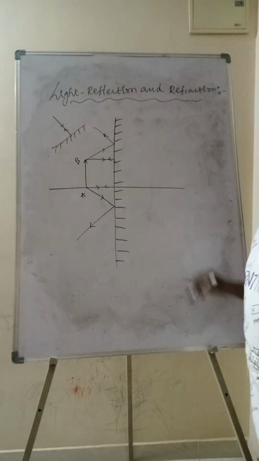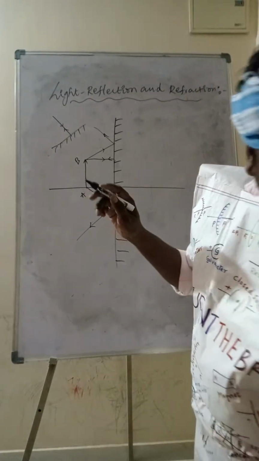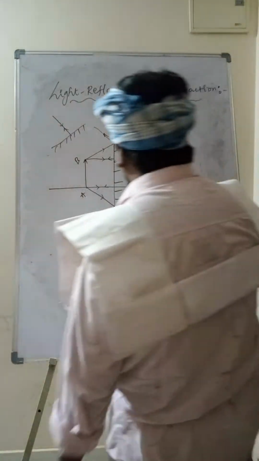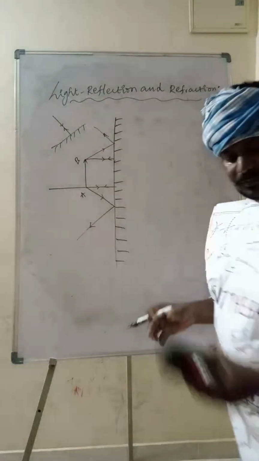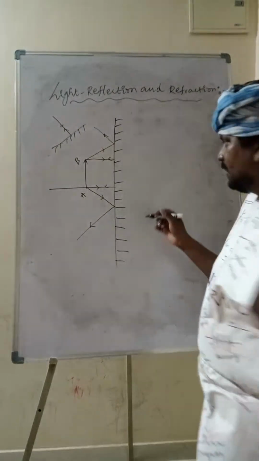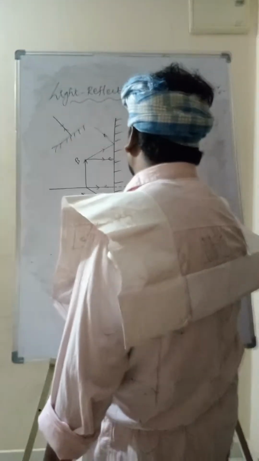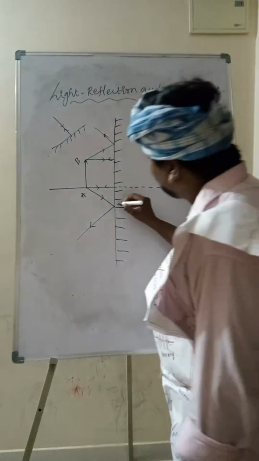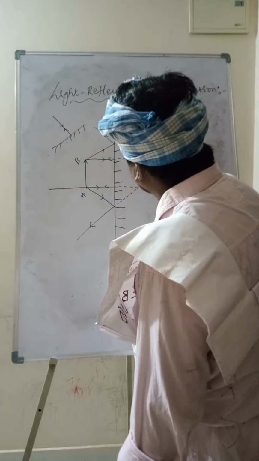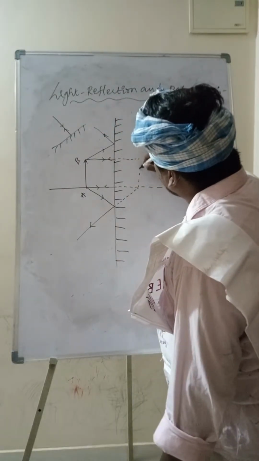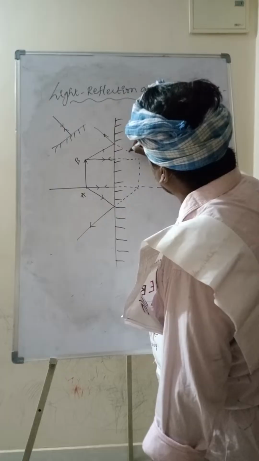Then if you are extending this reflected light ray, if you are extending this reflected light ray, the image will form here.